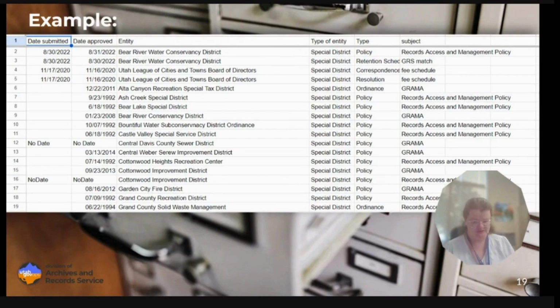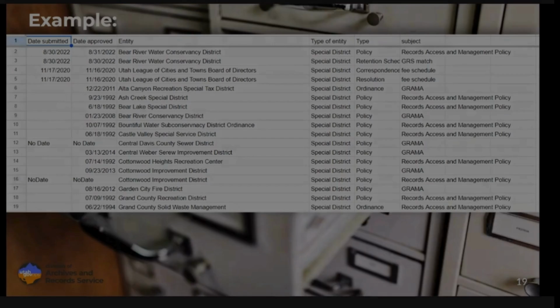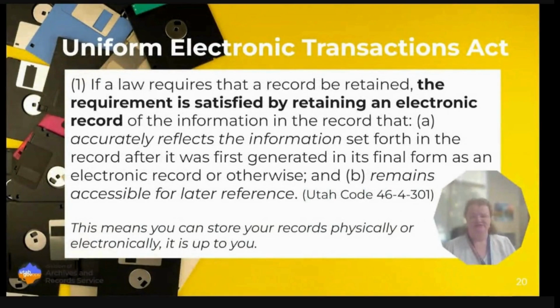An important note is don't forget to inventory all formats of your records, both paper and electronic. Records management compliance applies to records regardless of their physical characteristics. Utah's Uniform Electronic Transaction Act states that you can keep a record in an electronic format. Your agency can determine which format works best for you.